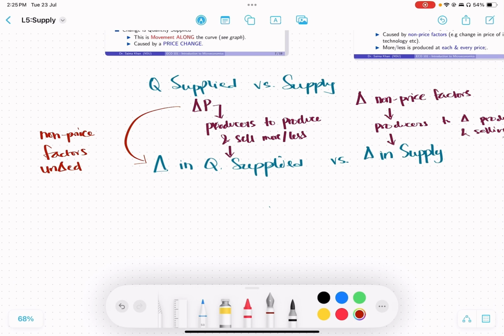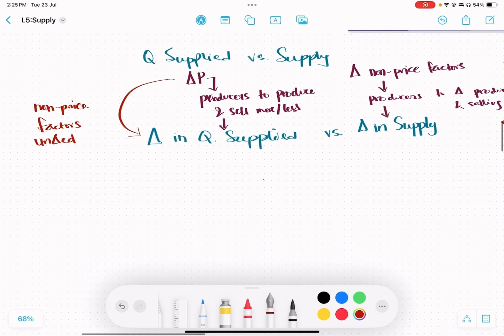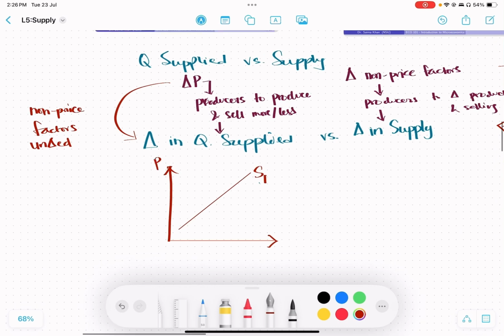Okay, so that is the gist of it, which means if we are looking at it graphically, when we say that there has been a change in quantity supplied, what we mean is that the supply curve remains the same, let's say at S1. What we see is a movement along the curve. So essentially, we are saying, look, everything else remained the same. Only thing that changed was the price.